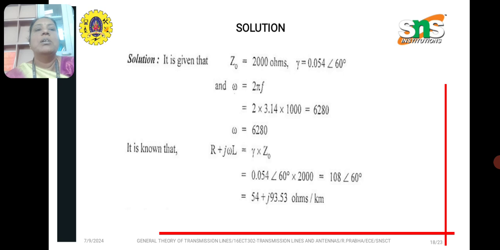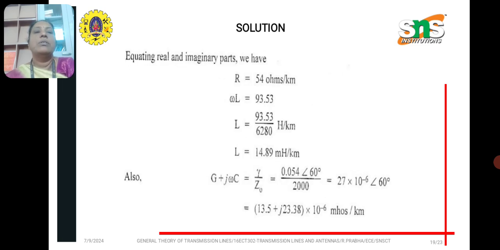In the problem f is given as 1000, so we get the angular frequency ω value as 6280, and Z0 is given in the problem as 2000 ohms, and R plus jωL is γ into Z0, which gives 54 plus j93.53 ohms.